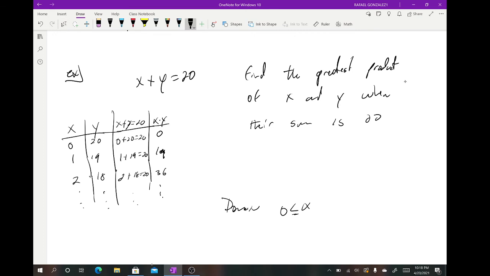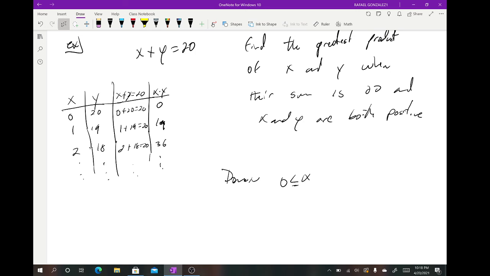Find the greatest product of x and y when their sum is 20, and let's say x and y are both positive. Because you could multiply two negative numbers and get a positive number, or you could have something like a number bigger than 20, like x being 32 and y being negative 12, and of course that's going to be bigger than a number that's strictly between 0 and 20.